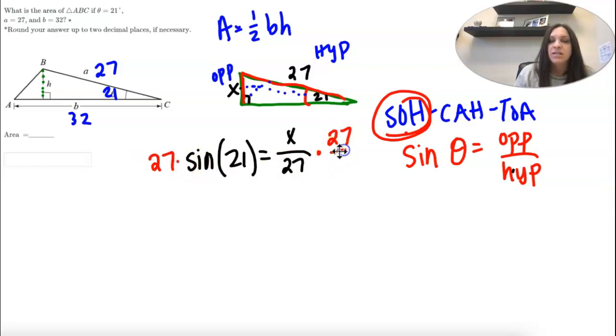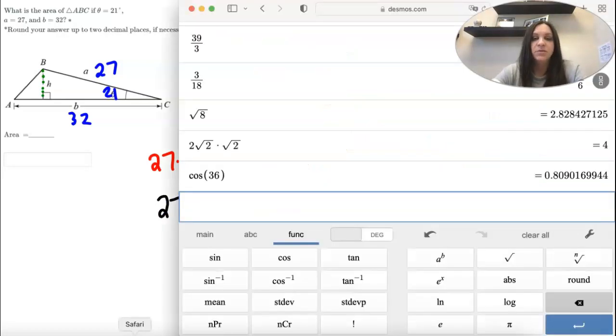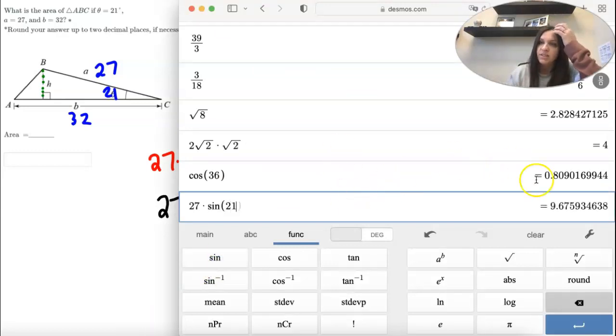And what that does is it creates x over 1, or just x. And 27 times sine of 21 is equal to x. So let's find out what that is. 27 times sine of 21 is 9.68 rounded.